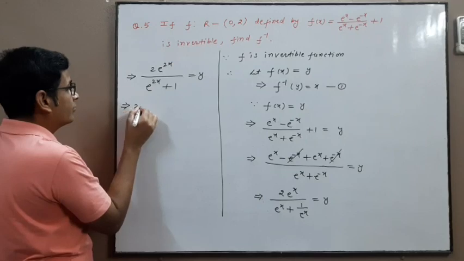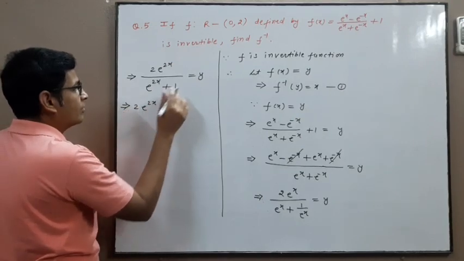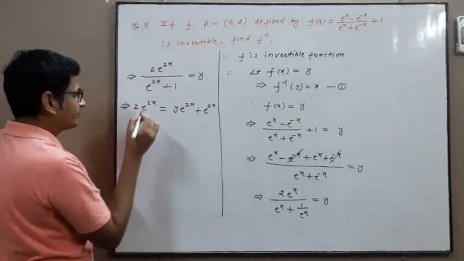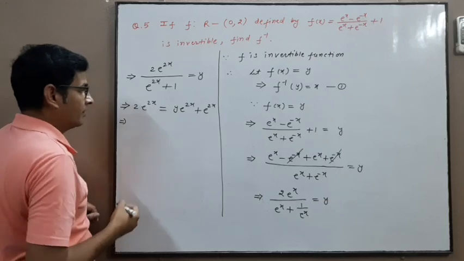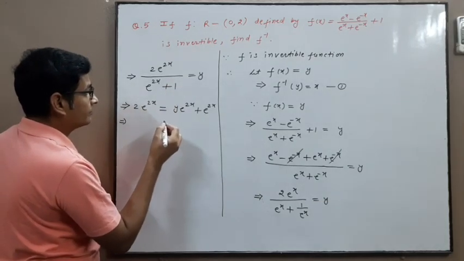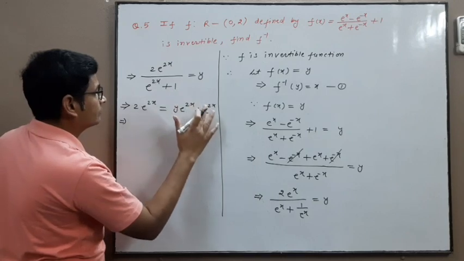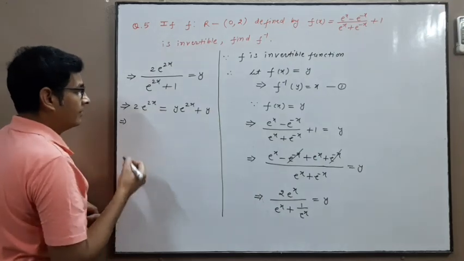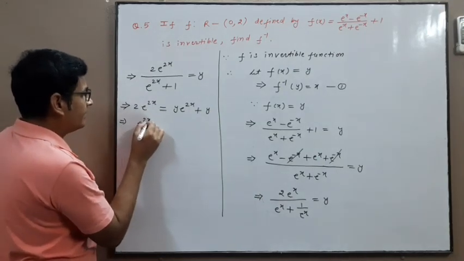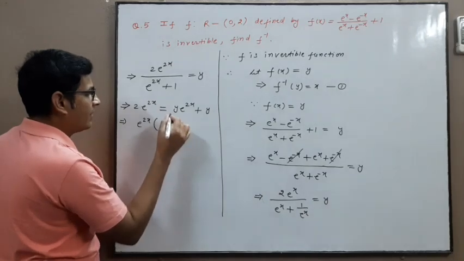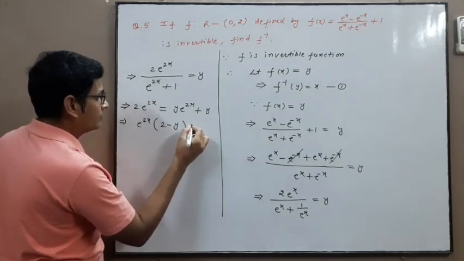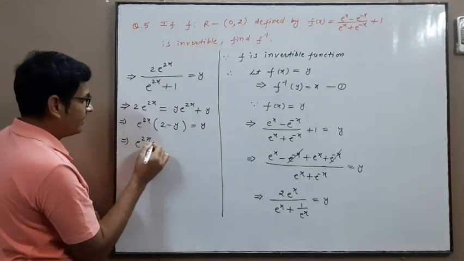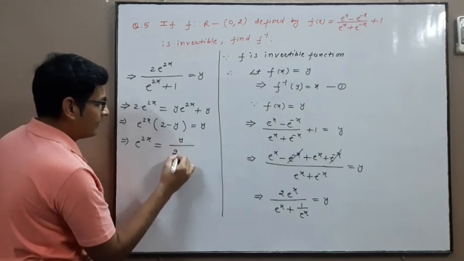Cross multiply, 2 times e to the power 2x is equal to y into e to the power 2x plus y into this and y. e to the power 2x common, so we get 2 minus y is equal to y. So e to the power 2x is equal to y upon 2 minus y.